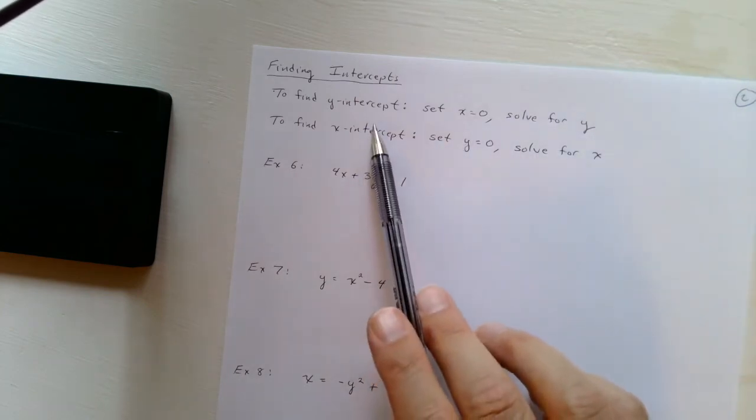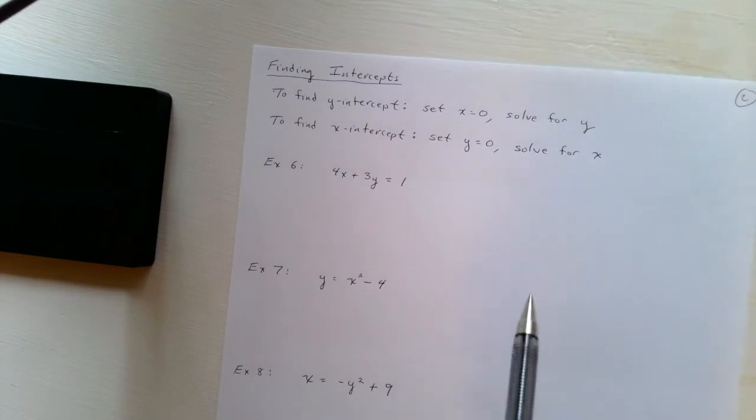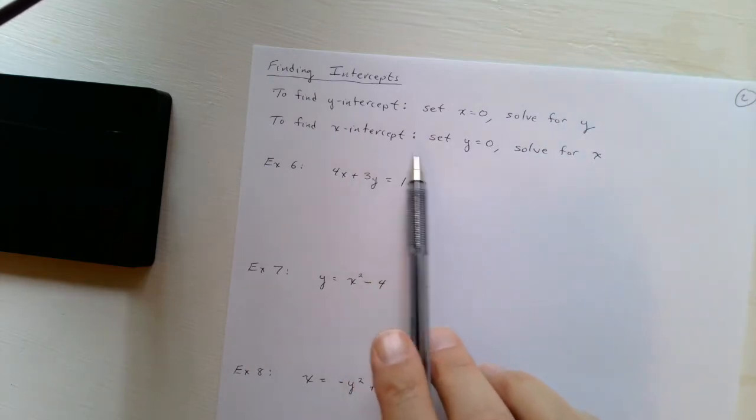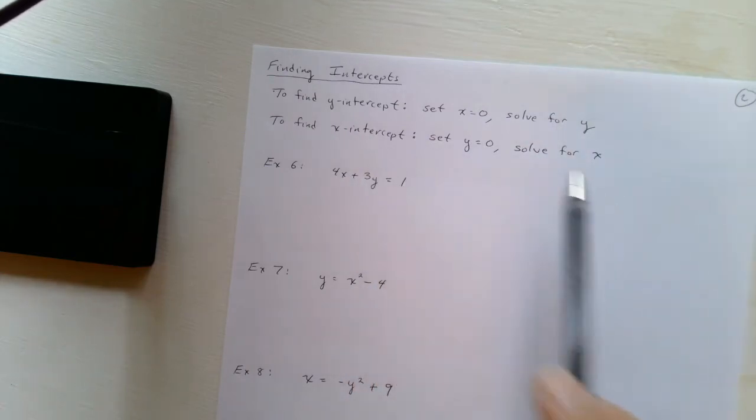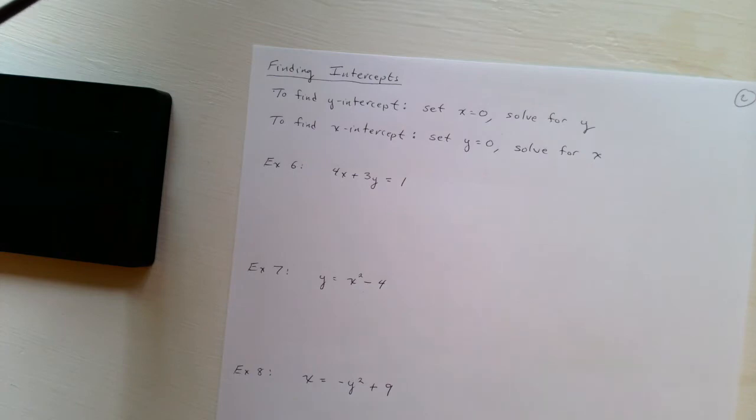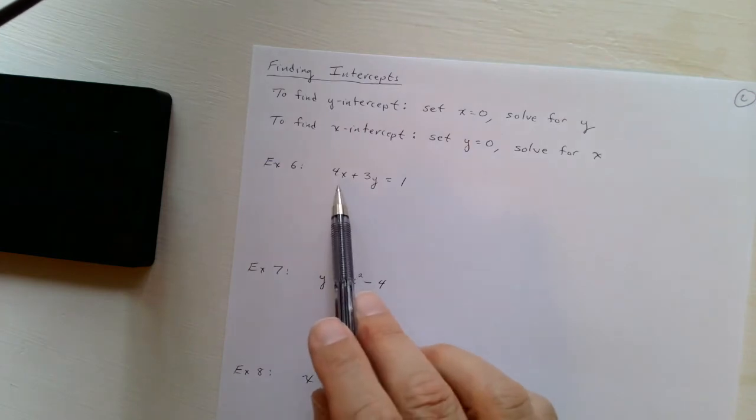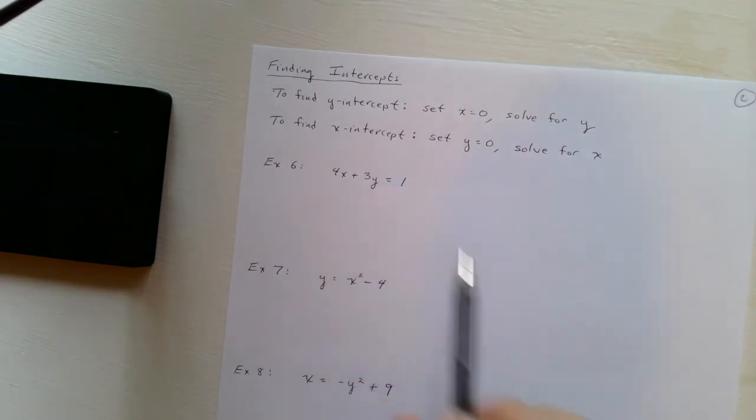To find the y-intercept, you set x equals 0 and solve for y. To find the x-intercept, you set y equals 0 and solve for x. So you just take the other variable, set it equal to 0, and then solve for the variable you're looking for. So in this example, 4x plus 3y equals 1.